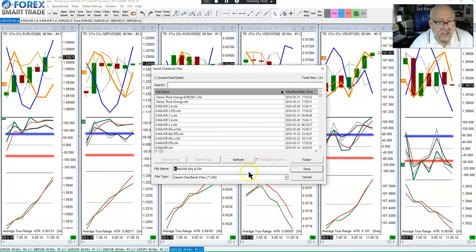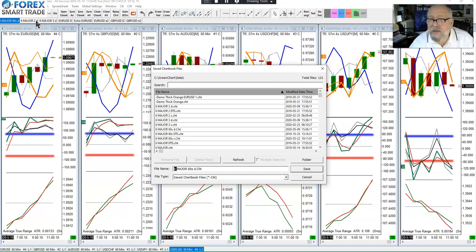When I do the Save As, I am going to name him a new name. And as you see, I did 6 major 2. And I did a D. The 6 major 2 means this is the 6 major second chart. The D tells me that this chart is on daylight savings time.